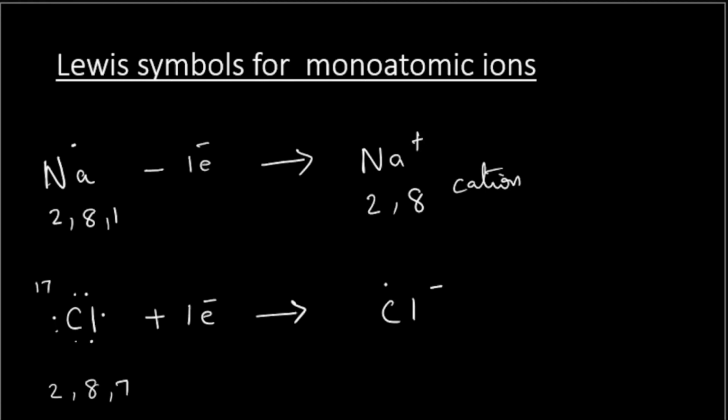And this chloride ion has 8 electrons. So the electronic configuration becomes 2,8,8, the stable octet electronic configuration. This is the chloride anion. So in this way we can use the Lewis symbol to illustrate the formation of anions or cations from their respective atoms.